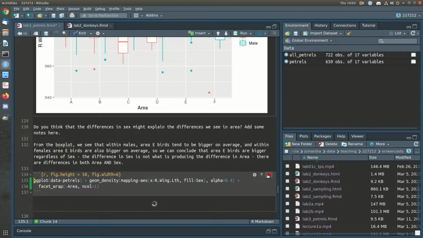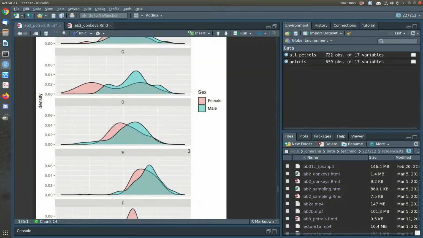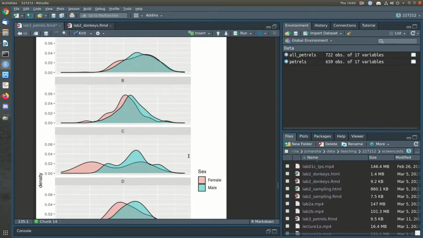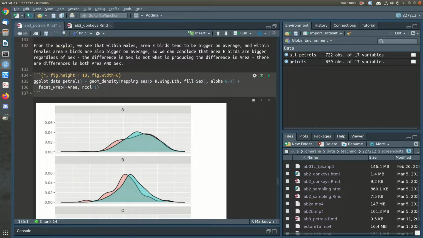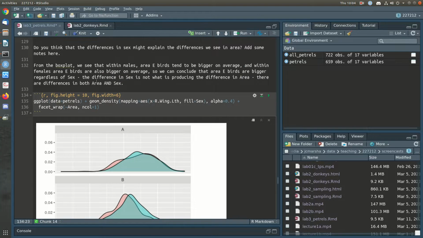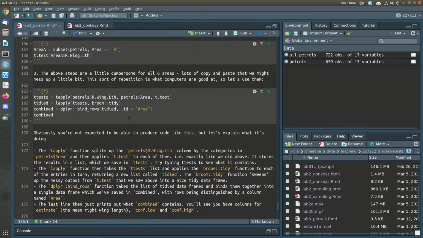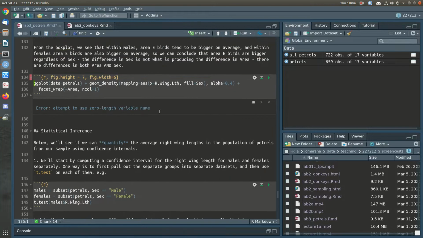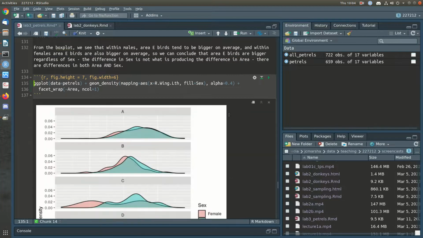What's happened here? Oh, I don't know. Anyway, there we go. So if you specify both the width and the height, you can force it to be a little bit different. I guess we've probably gone too far there. Not sure what that error is. Anyway, there we go.